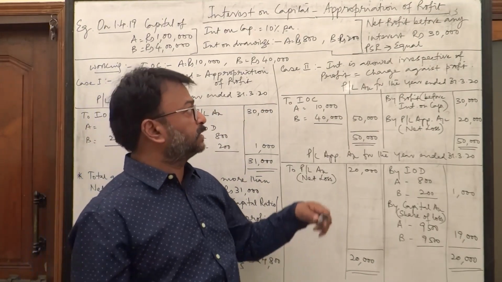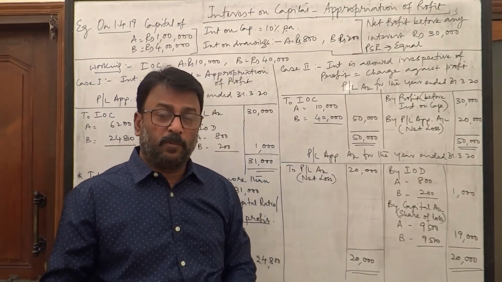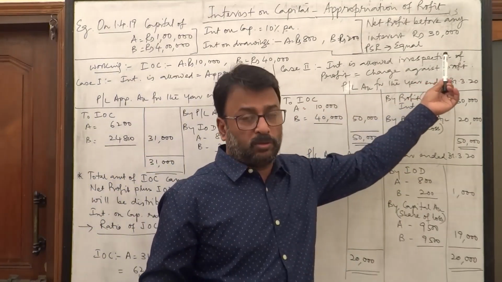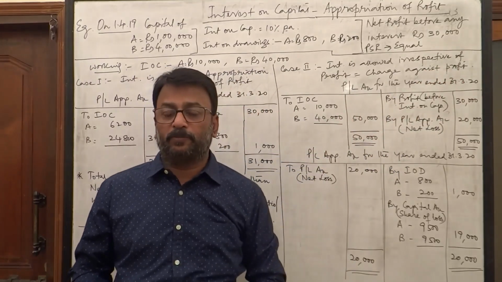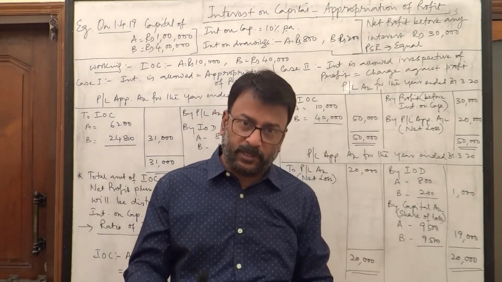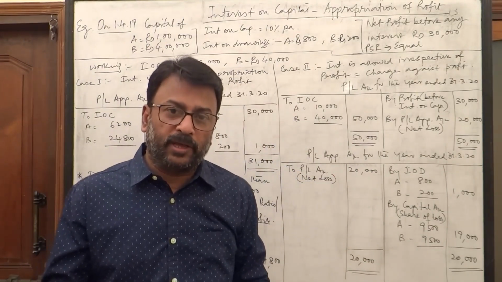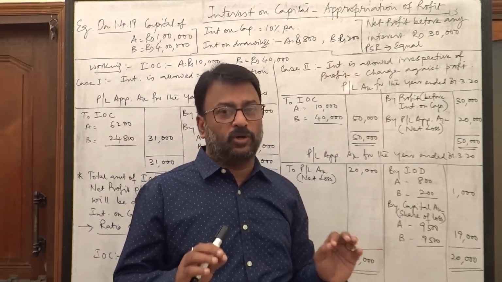Now, if you check my second case, here it is written interest is allowed. But I have mentioned one more thing here, irrespective of profit. It means whether profit is there or not, in both situations, you have to allow interest on capital.